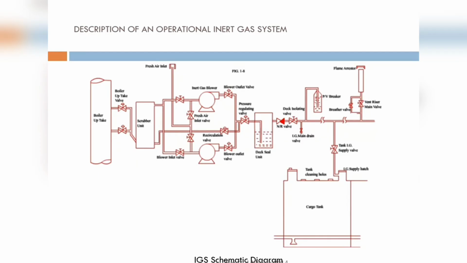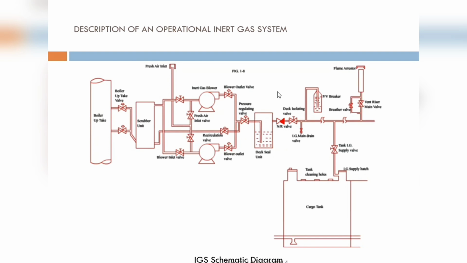So that is why it is called the pressure regulating valve. It is doing a dual purpose. First is managing the oxygen percentage. A high percentage of oxygen is not allowed to go to the cargo tank, so it is regulating that also. And not only that, it is also regulating the pressure, which is the maximum pressure set by the operator to be maintained in the cargo tank.